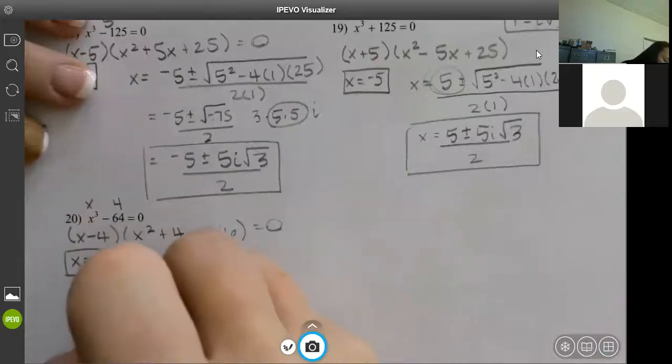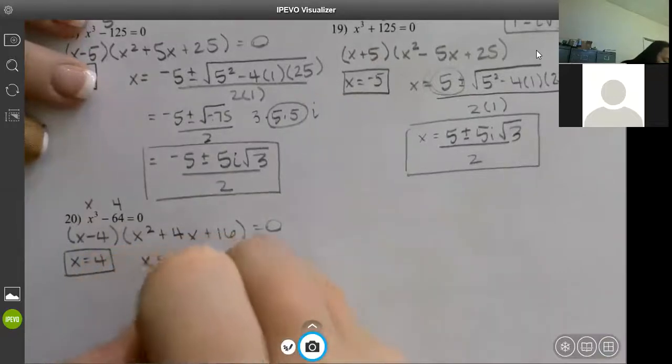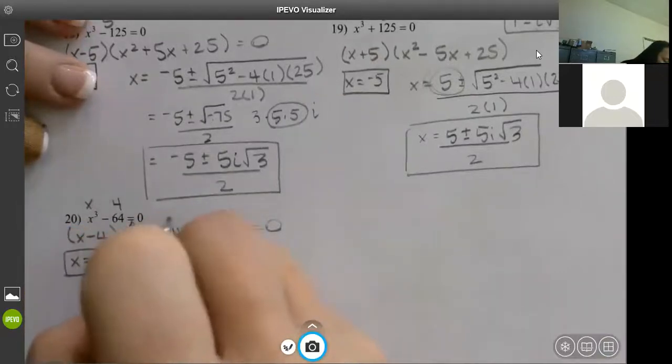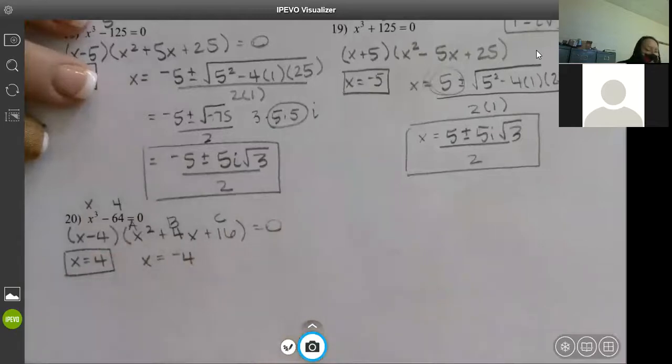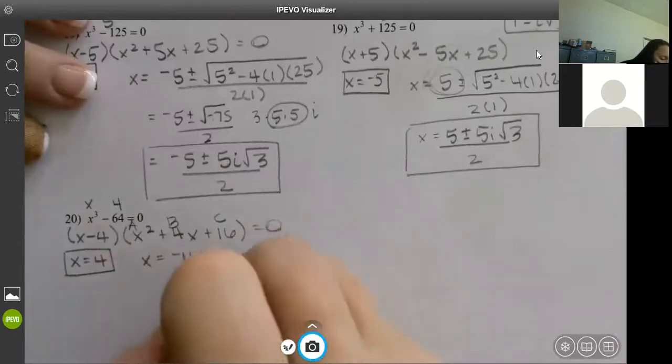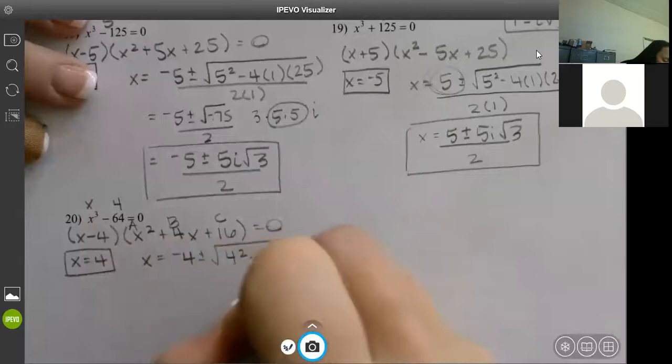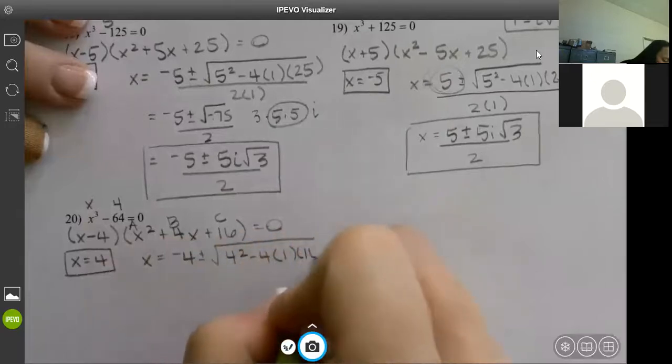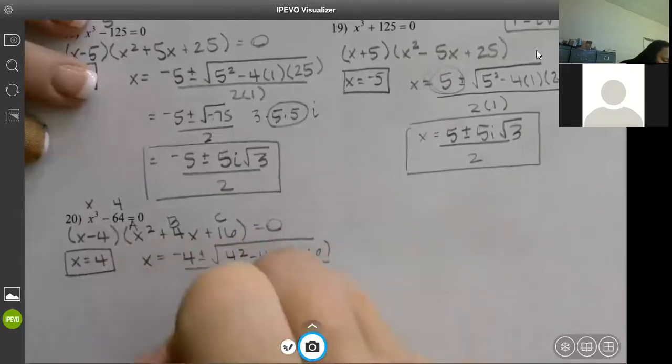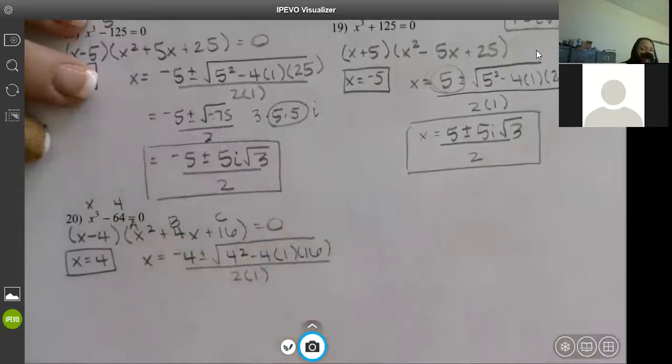On the next one, use the quadratic formula. X equals negative b, so a is 1, b is 4, c is 16. Plus or minus big fat square root, b squared minus 4 times a times c, all over 2 times a.